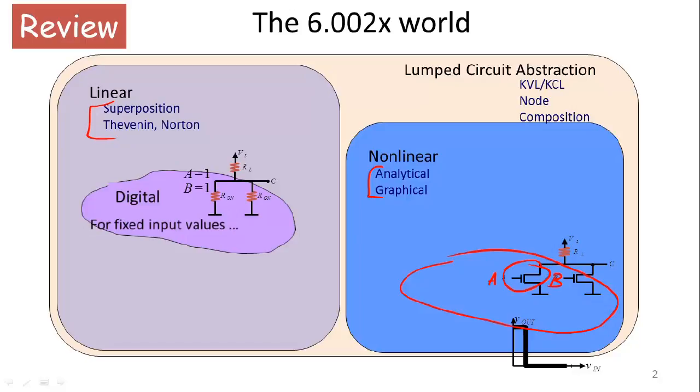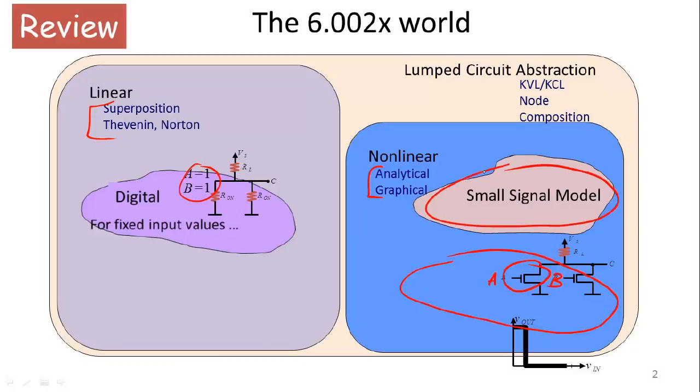So, for example, out here, for a fixed value of A equal to 1 and B equal to 1, I get a fixed switch setting for all my resistors. And what I end up with is a network of this sort, and this can be analyzed using linear techniques. This is quite nice. And then we said within the nonlinear domain, I have promised you that I'll cover something called the small signal model.